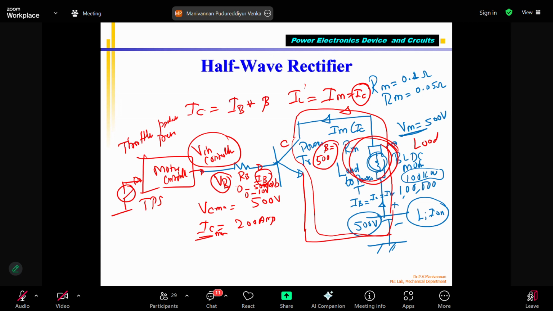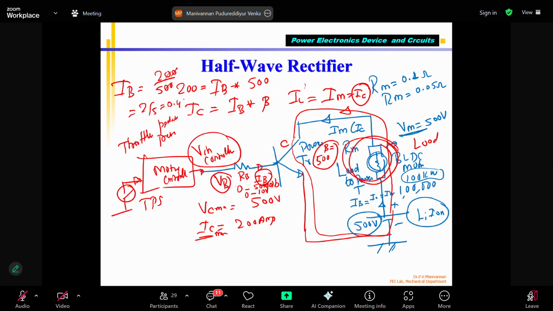If I want to drive my motor at full speed, the motor current should be IC, already we computed, 200 amps. 200 amps equals IB multiplied by beta, I said 500. Correct? What is my IB? IB equals 200 divided by 500. Correct? The zeros are gone. 2 by 5.